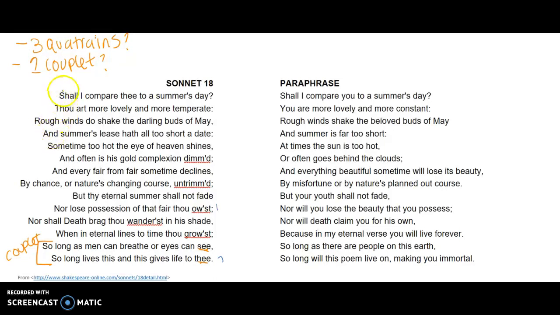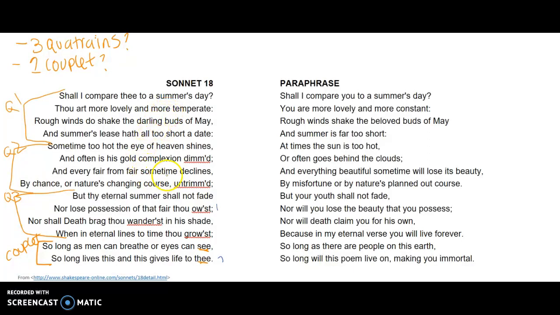1, 2, 3, 4. 1, 2, 3, 4. 1, 2, 3, 4. Quatrain 1, quatrain 2, quatrain 3. Each are also a little bit different. This one is talking about how he wants to compare her to a summer's day, but the summer is not as beautiful as her.